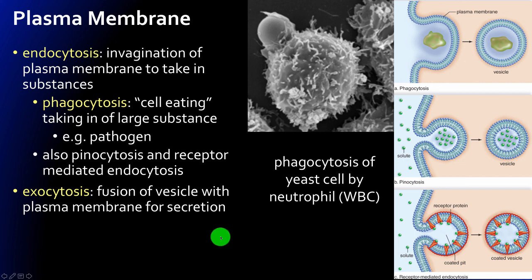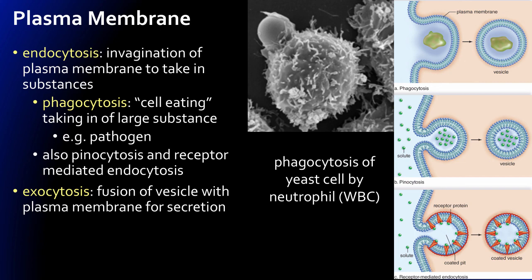Okay, now if we have cell eating, we need to have the opposite of it as well, and we call that exocytosis. So in that case, you can take this phagocytosis up top and kind of put it in reverse. In this case, we would take a vesicle like this, and we would bring it to the edge of our cell and open it up and be able to have this substance, maybe it's a mucus or some other cell product that we've made that we need to get rid of, we're going to put that out of the cell.